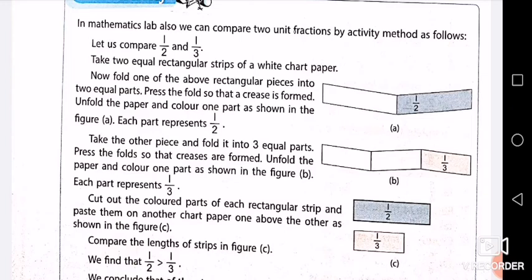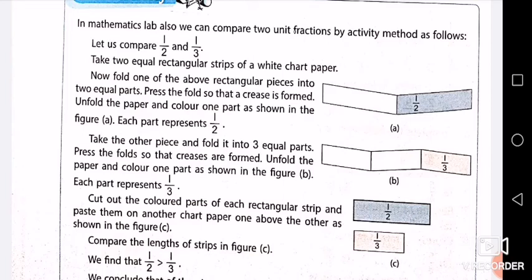But you will not draw those strips in your copy, because by drawing those strips in your copy you won't be able to compare them, because you cannot cut out those strips from your copy.